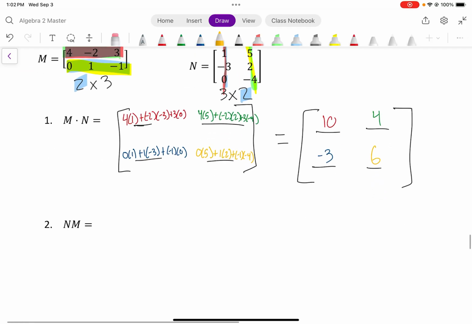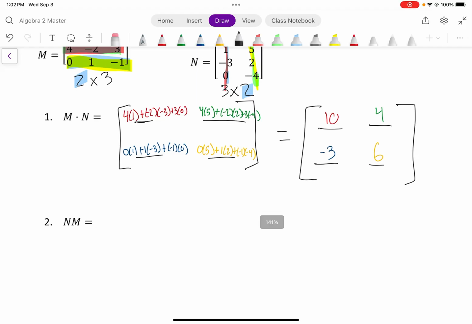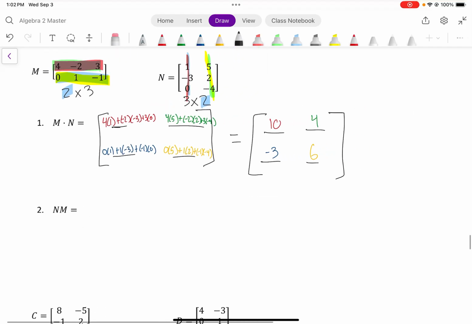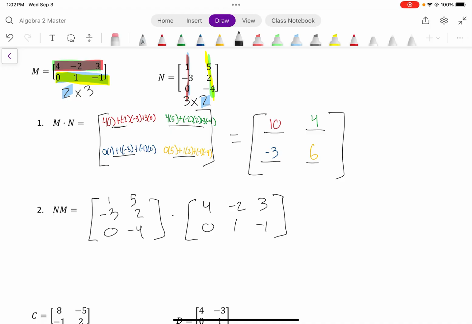Now, NM is not the same multiplication. Okay, it's not the same. Just because I've already highlighted all over that one, I'm going to rewrite these matrices. In this case, we have a 3 by 2 matrix being multiplied by a 2 by 3 matrix.